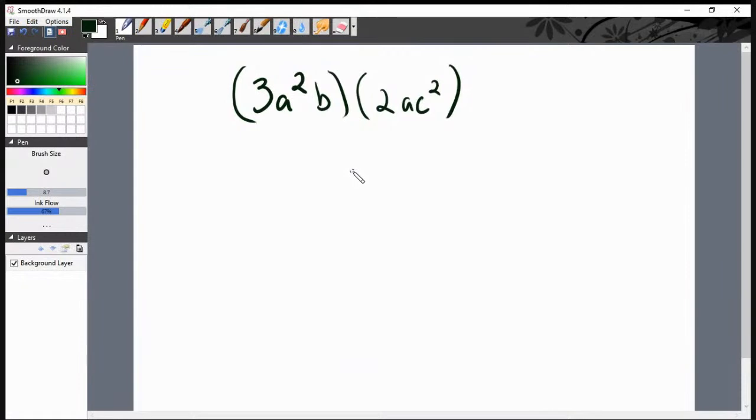What are the coefficients in this problem? Anybody know what the coefficients are?